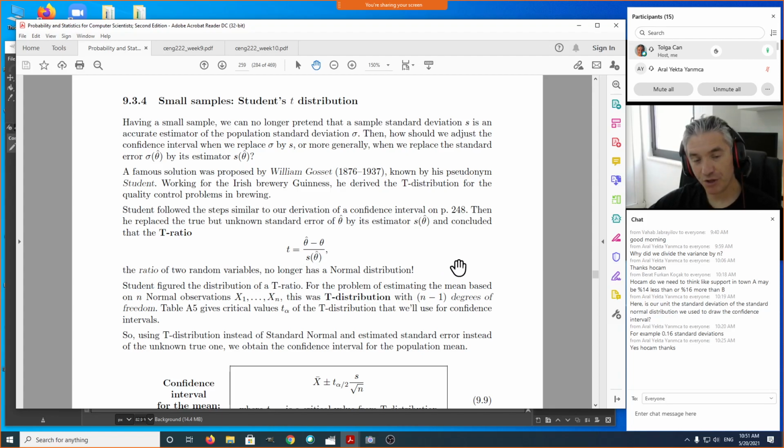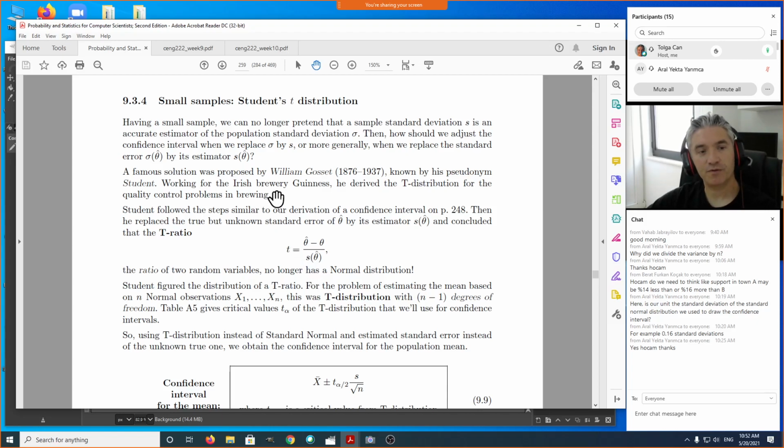But when we don't know it, it becomes an estimate of the standard error. This is when we use Student's t distribution, okay? The only case Student's t is used is when we have a small sample, individual elements are normally distributed, and we don't know the standard deviation. That is not given to us.